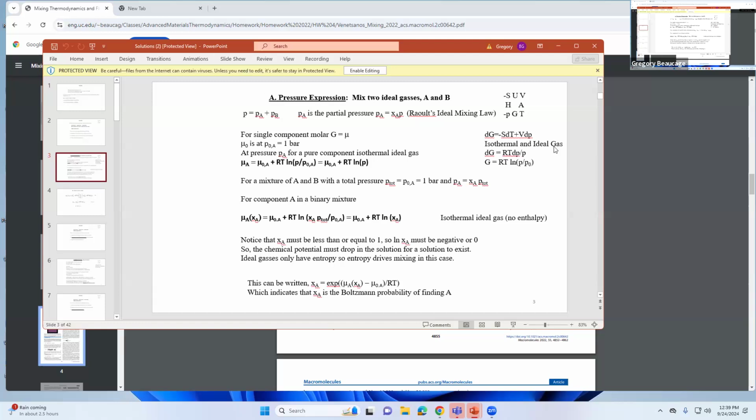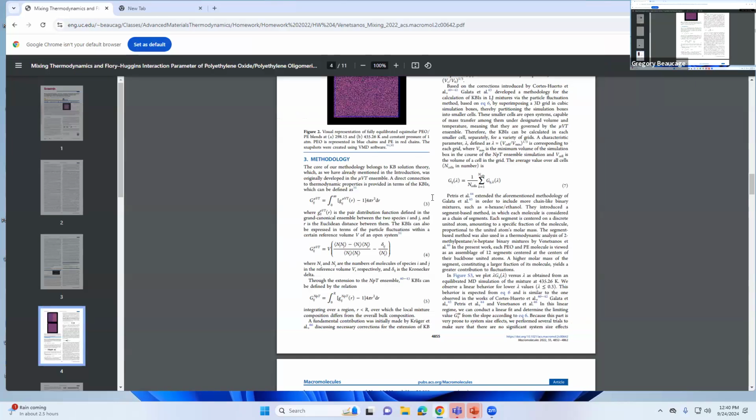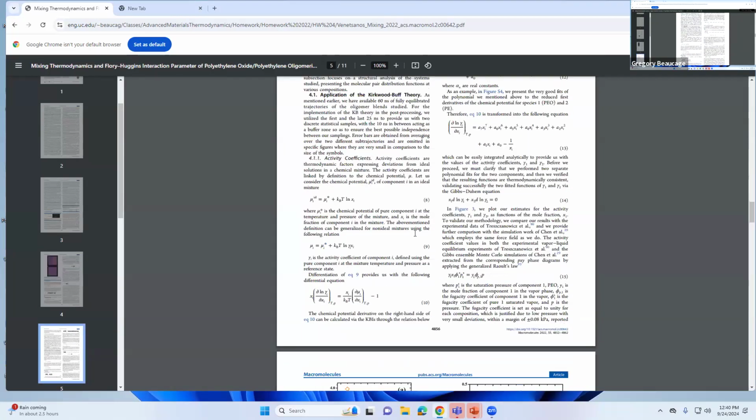Like you do the pressure, dG would be V dP, and volume for an ideal gas gives that thing, and then you end up with this, and that thing is activity. That's it. That's the activity that gives you whatever equation 9 is. The activity is gamma x.